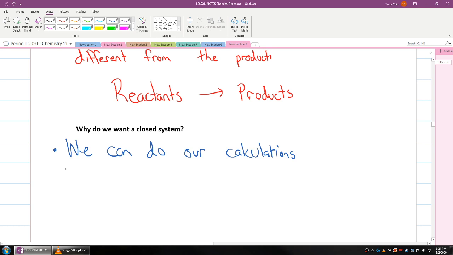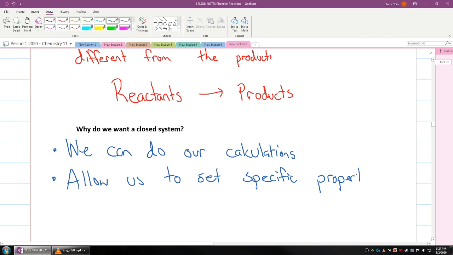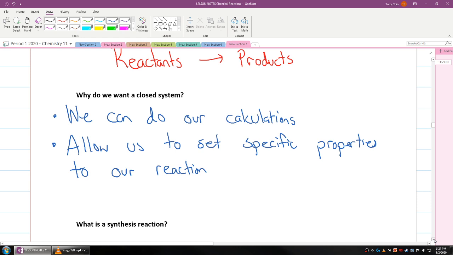But the thing about closed systems is usually they allow us to set specific properties to our reaction. So that's one of the big key driving factors of why we want a closed system. So that's what we got to discuss to start off with.